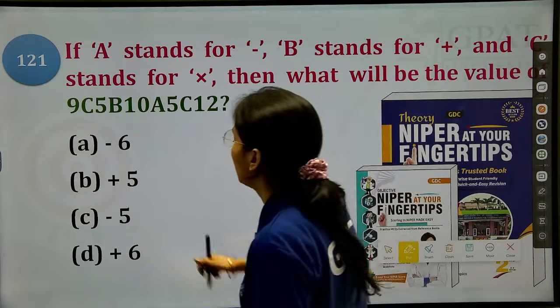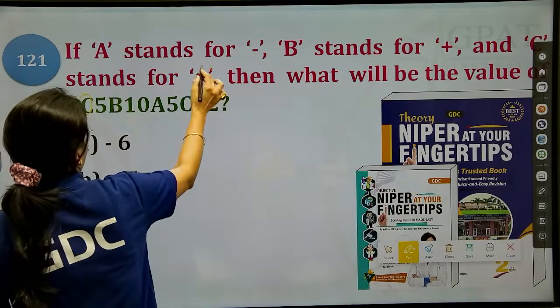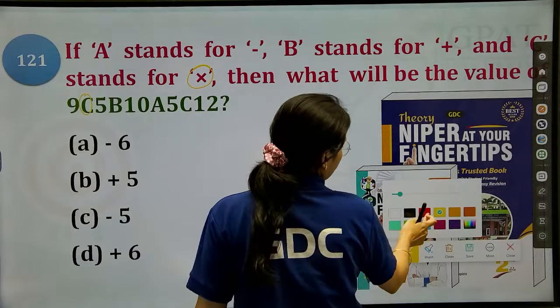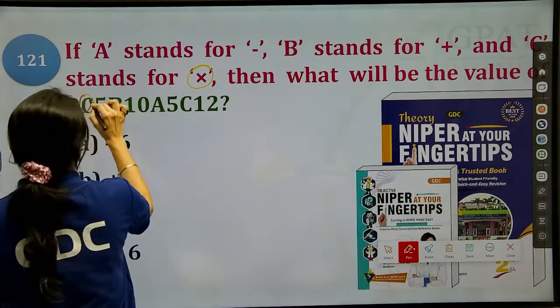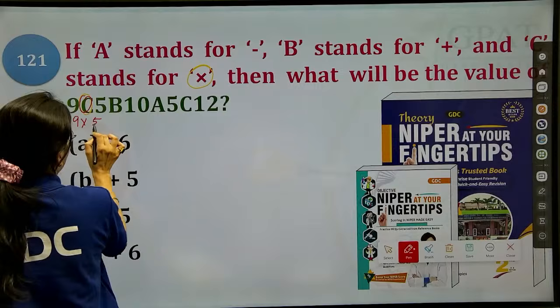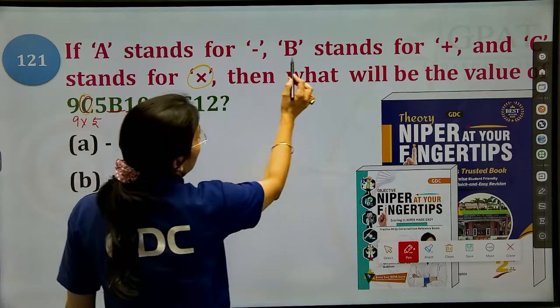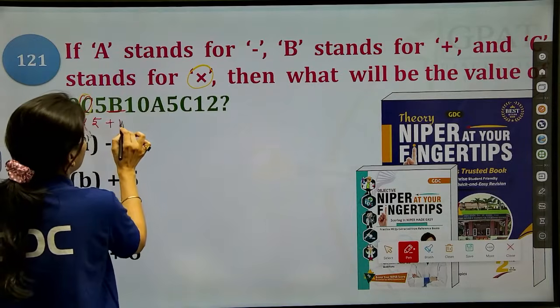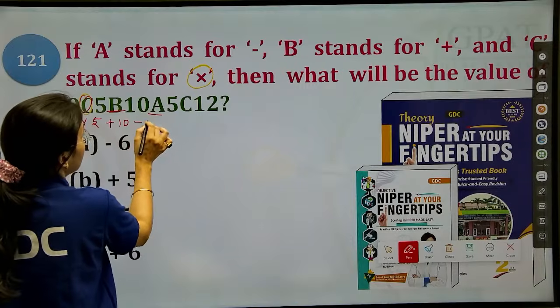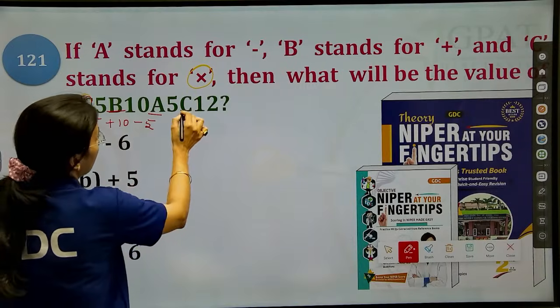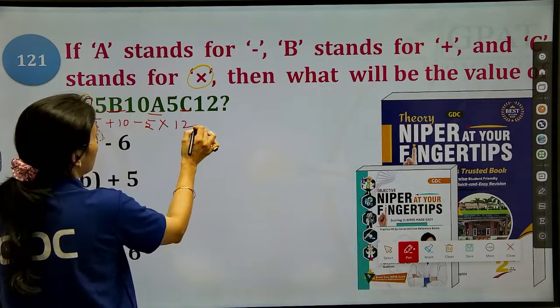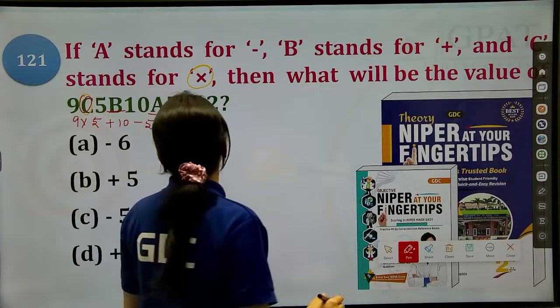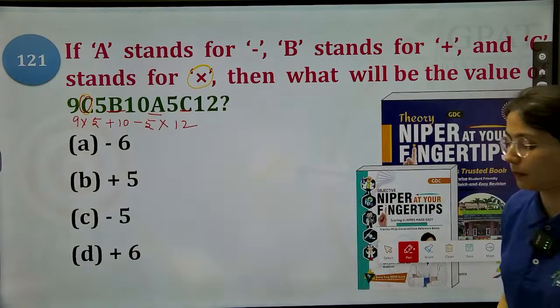If you replace C by multiply, that is 9 multiply 5, B by plus, that is plus 10, A by minus, that is 10 minus 5, and C by multiply, that is 12. So 9 multiply 5 plus 10 minus 5 multiply 12.